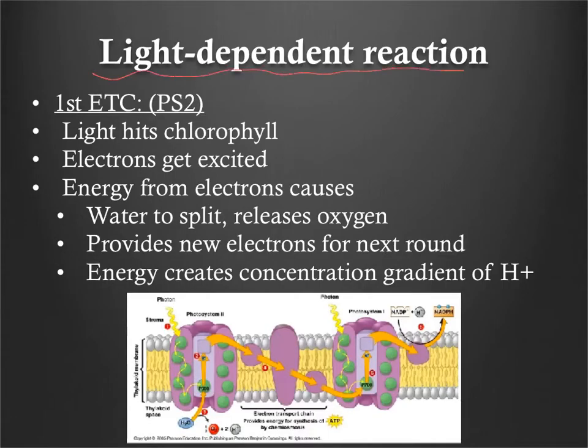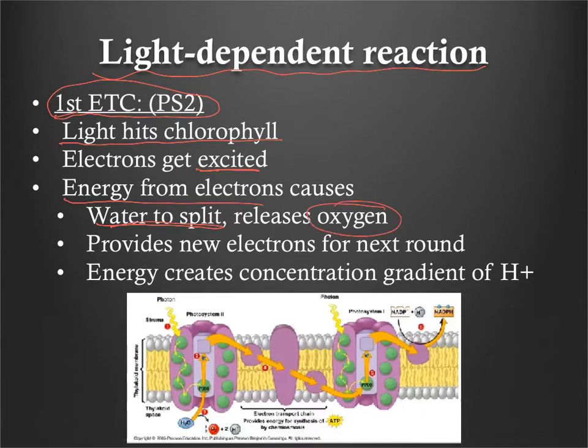So, the light dependent reactions, this is the first electron transport chain. This would happen at photosystem 2. This first cluster of chlorophyll molecules we talked about. Light hits the chlorophyll. The electrons on the chlorophyll molecules get excited and actually leave. This energy from the electrons causes water to split, releasing oxygen.